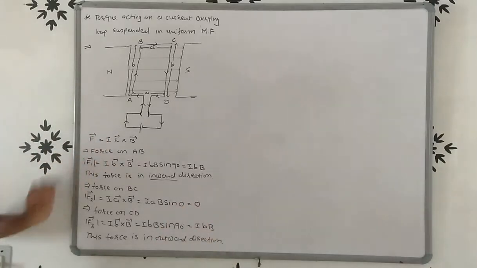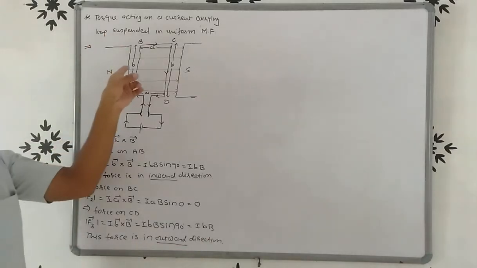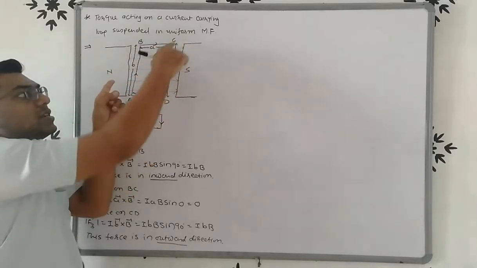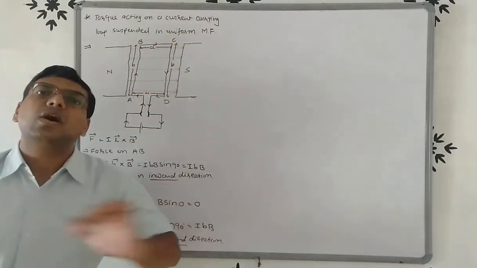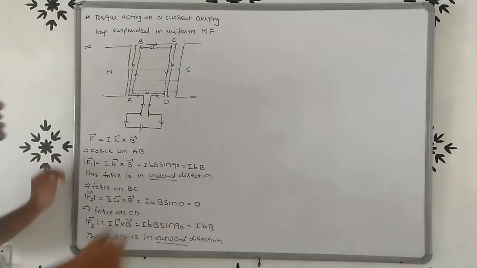Why? Because the force on AB is inward when the current is A to B. Now here the direction is opposite, so the direction of force is also opposite. So the force on CD is in outward direction.